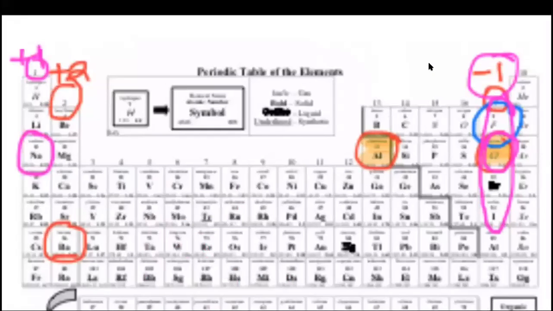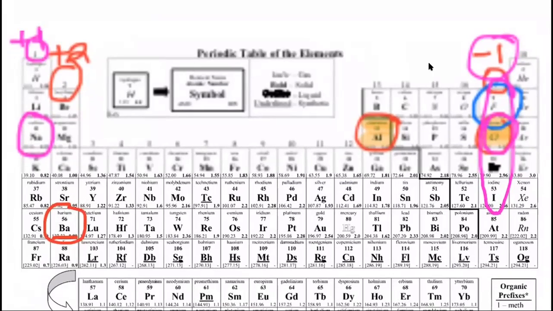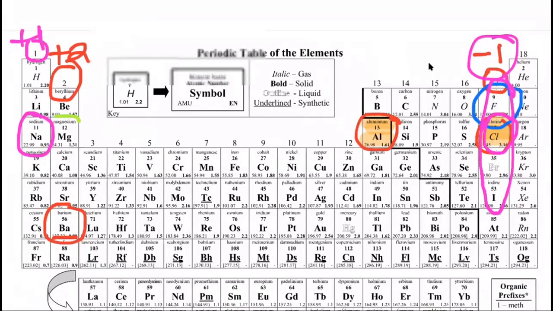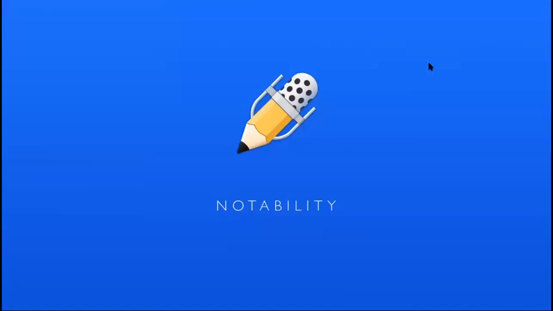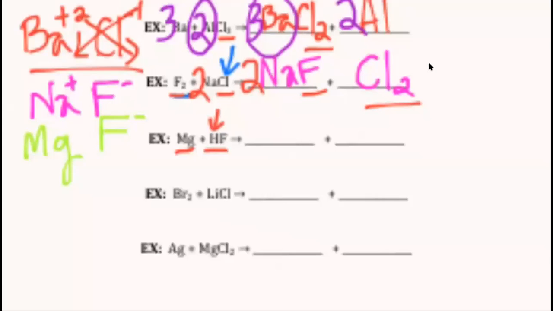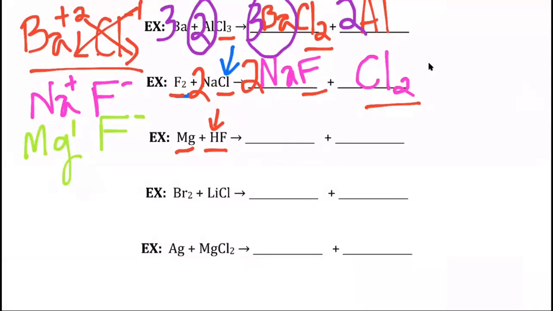So if I go back to my periodic table and I look at what group is magnesium in, here it is right here. If I go up, it's in group 2, which is a +2 charge, just like the barium from our first example. They're in the same group. So that means this is a +2. So that means I would have to kind of crisscross them.